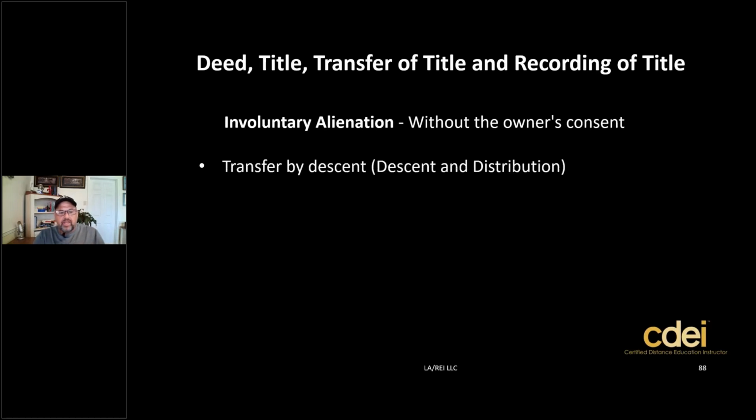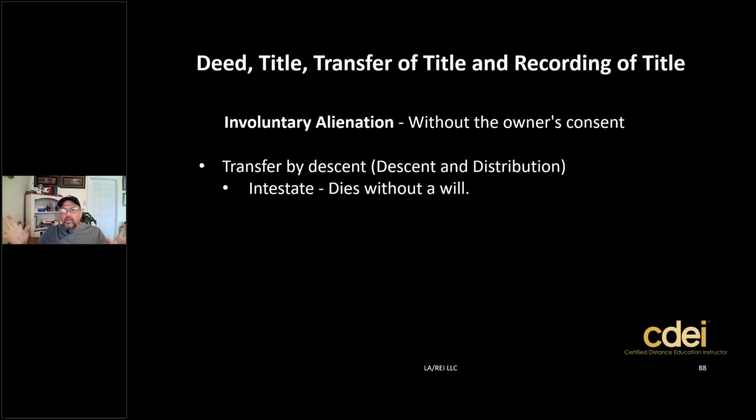Now, the first one we're going to look at is called transfer by descent and distribution. What is descent and distribution? You need to know this now. Pay attention. If someone dies intestate, that's the term we're looking at. Intestate means they die without a will. So you have a property owner that may have children. Let's say they're grown and married and away, and they've got an estate, and the owner of the estate passes.